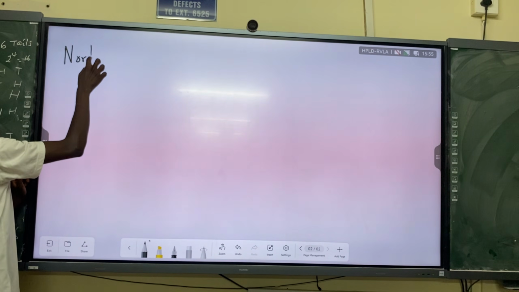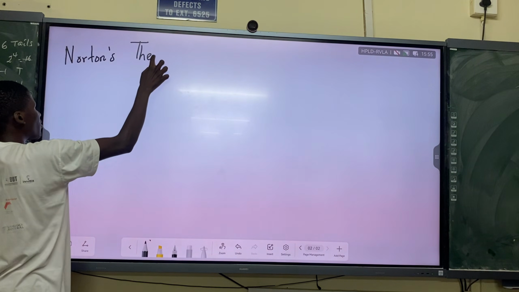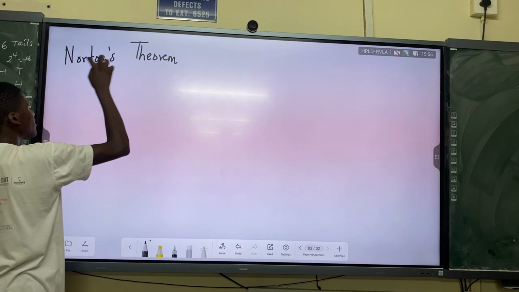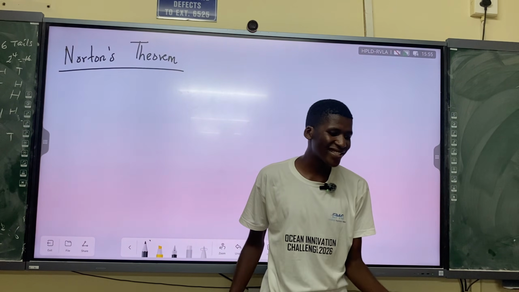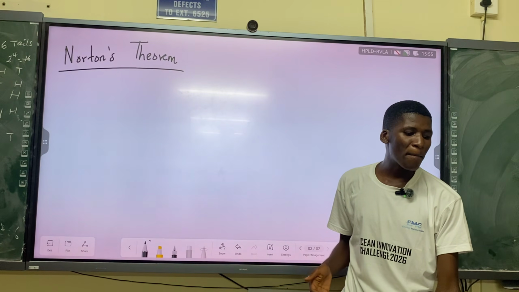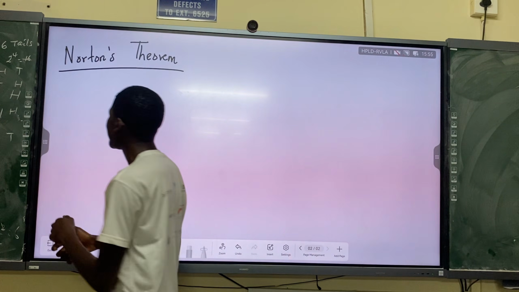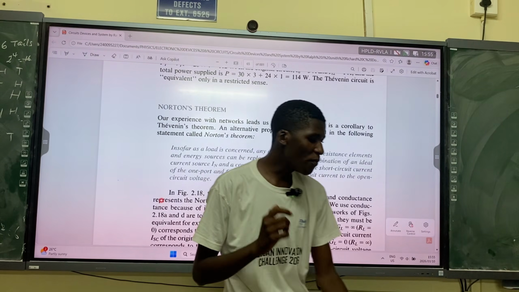So what about if we have Norton's theorem? Once you understand Thevenin, Norton's theorem will be much simpler, because we are just going to use the same idea, the same template, but we state our law in a different way and use different combinations.